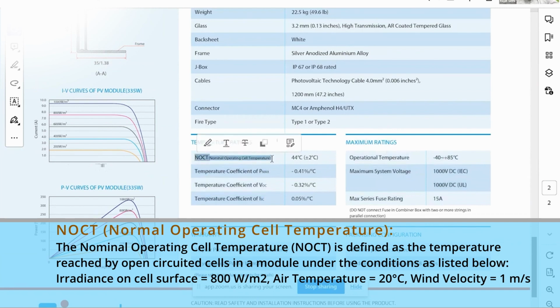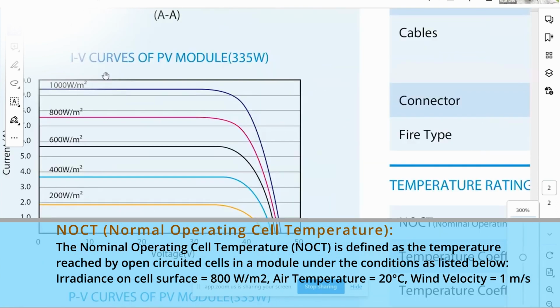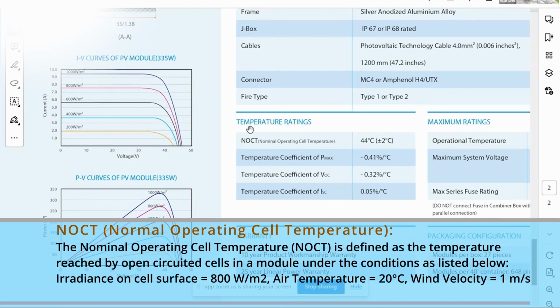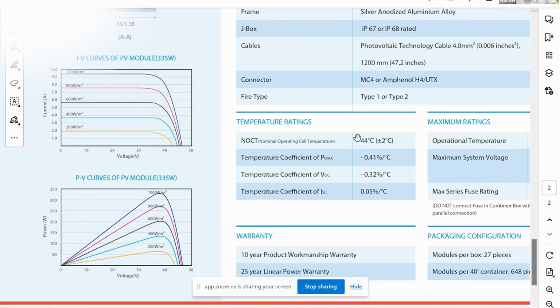If the irradiance is 1000 watt per meter square, as mentioned here, how much will the cell temperature be? It will be close to 44. In some modules you will find 45, in some 46 also. This is the normal operating cell temperature.